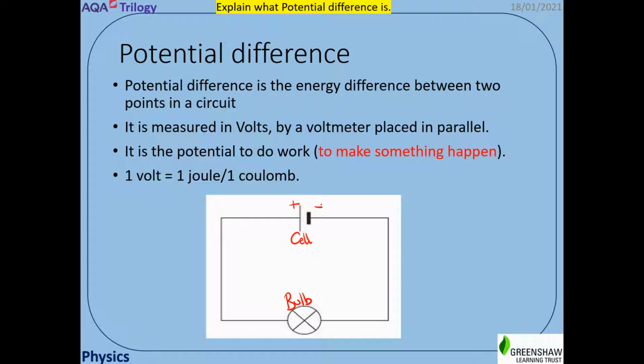Now, we know that electrons are negative, and actually we know that electrons are going to travel around the circuit going from negative going back to positive. However, many years ago, they didn't know that, and they actually did an awful lot of the rules of electricity before they worked out what electrons were.